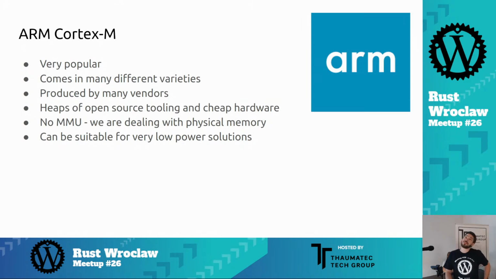What is maybe not unique, but kind of important in the ARM world is that ARM processors are produced by many vendors. So ARM is only licensing the architecture, the IP, and then vendors can buy this intellectual property and use it to build their own ARM Cortex-M microcontrollers.